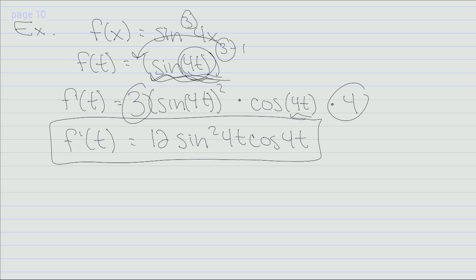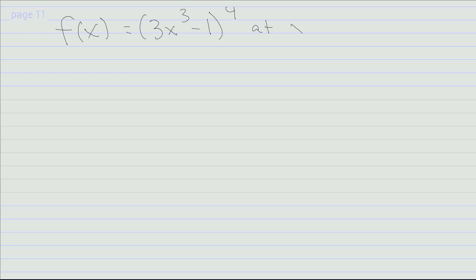One final problem. We want to find the equation of the line drawn tangent to our function f of x is equal to 3x cubed minus 1, all raised to the 4th power, at x equals 1.